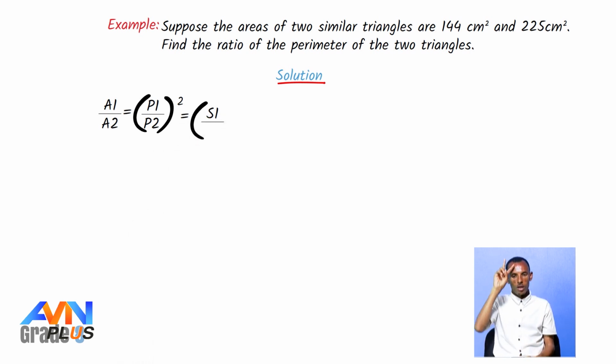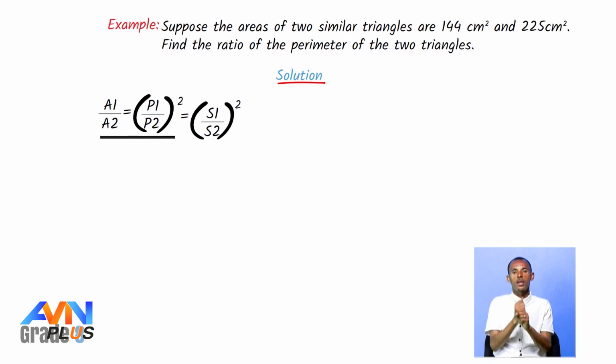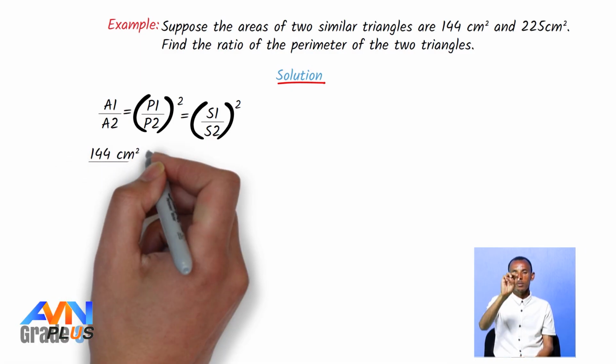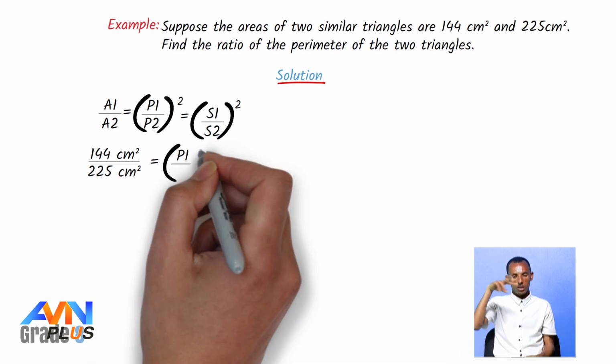Okay, for this specific example, we only need the first two cases. So area 1, say 144 centimeters square, and the second area is 225 centimeters square. This must be the same as P1 by P2 the whole square, right?